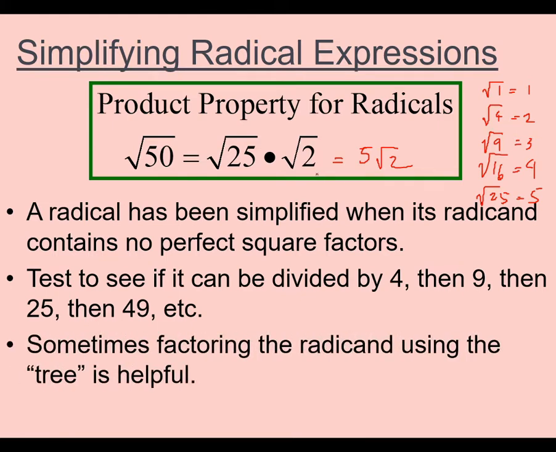Sometimes, factoring the radical using the tree is helpful. So, pwede kayong factoring, no? Tinatawag nila na factor tree. 50, tapos ang factor niya ay 25, tapos 2, tapos pwede pa tong 5 times 5, wala na.